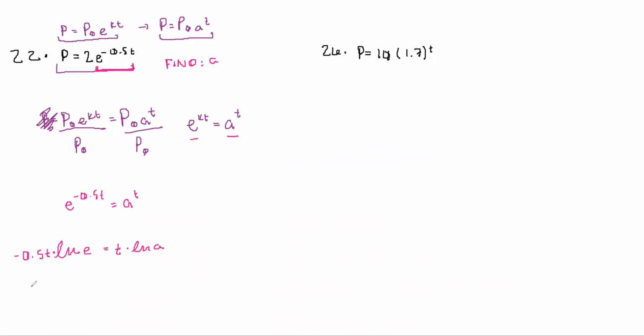So this turns into negative 0.5 t is equal to t natural log of a. These t's we can divide out. So now I end up with negative 0.5 is equal to ln a.